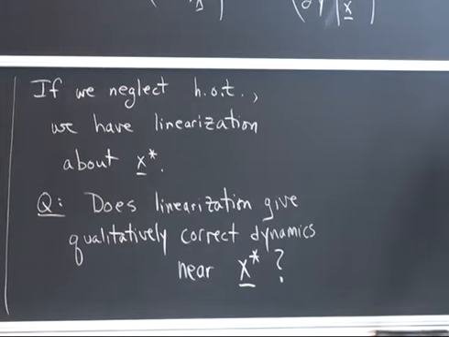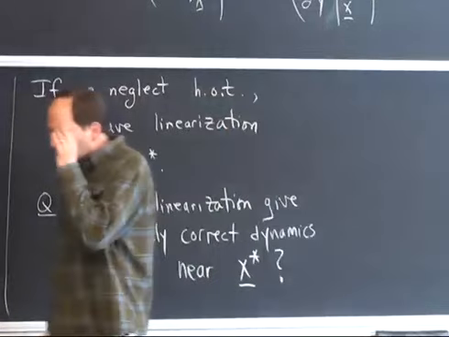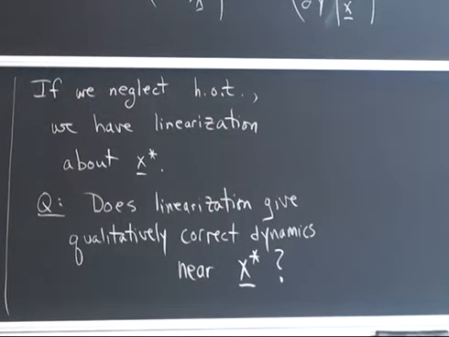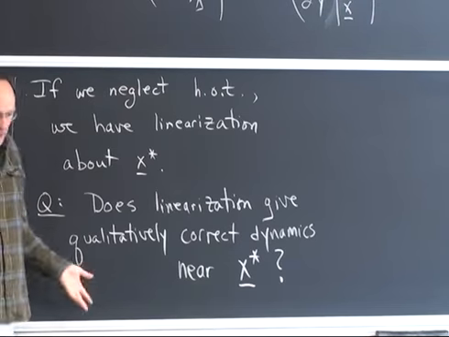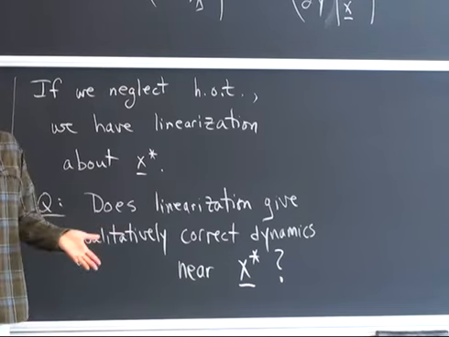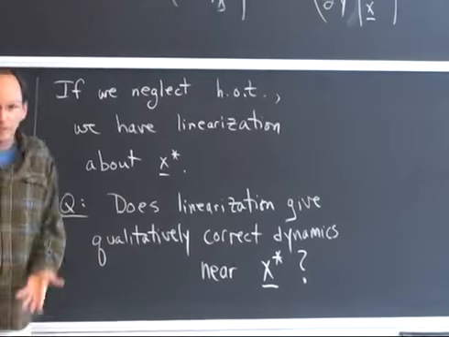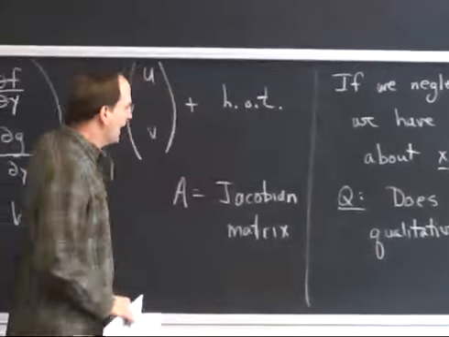We don't expect it to be quantitatively correct. We've ignored terms. So, it's not going to be exactly right. But the question is, since we're interested in qualitative things in this course, we're trying to get a sense of the phase portrait. Like, by neglecting those very tiny terms, can that somehow change a center to a spiral, or could it mess up a saddle and make it something else? That's the kind of question we're asking.